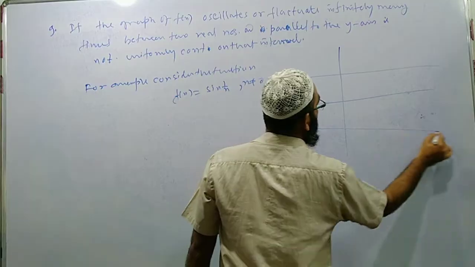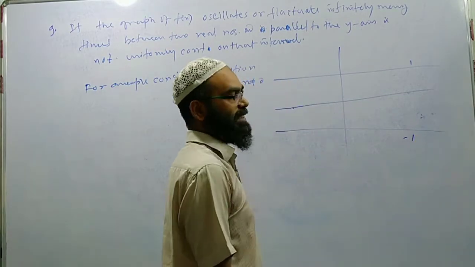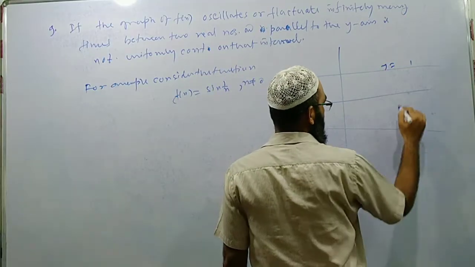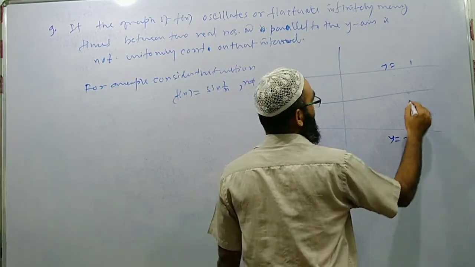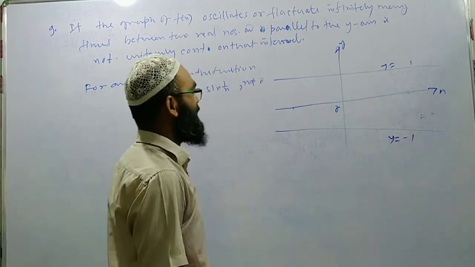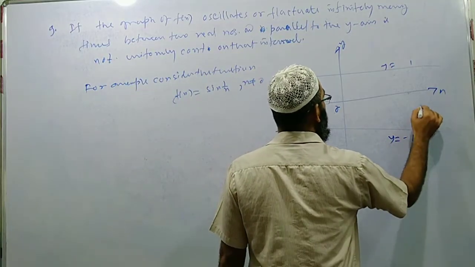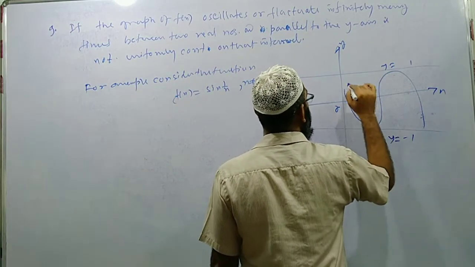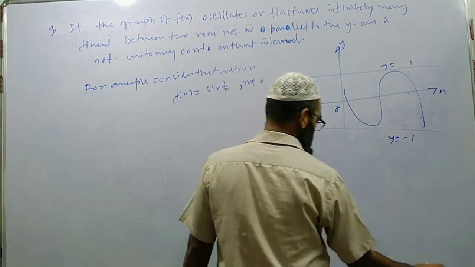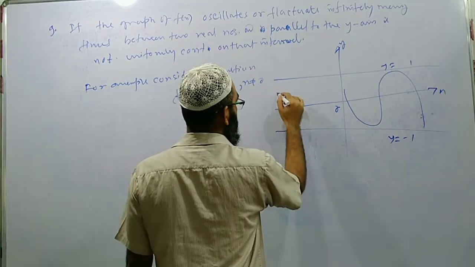This is 1 and this is -1. The equation of this line is y equal to 1 and the equation of this line is y equal to -1. The axis of x, origin, and axis of y, and the graph of the function looks like this.